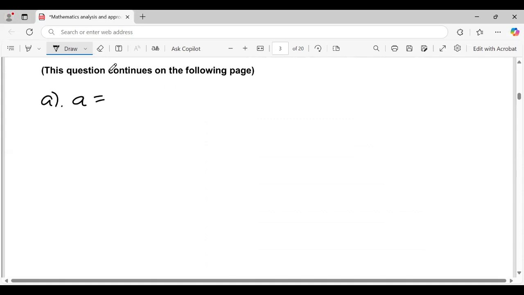So we identify that in this quadratic equation a equals 1, b equals 4, and c equals 1.